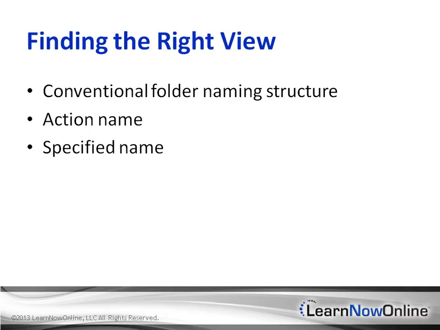You can also specify the view name, which sometimes people like to do explicitly just for clarity. Sometimes people will do it because the view names and the action names may not match up directly. Finally, if you need to, you can specify the full path to your view, which is something we normally want to avoid, but occasionally you will want to do this, especially if you might use the same view for several different controllers and several different actions.